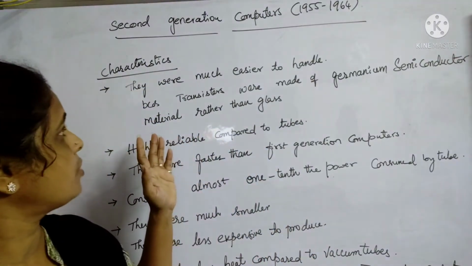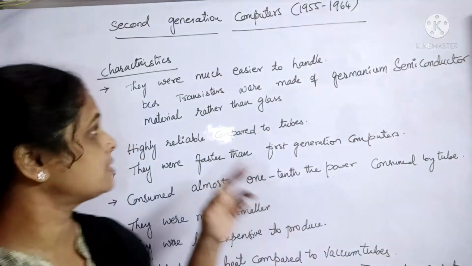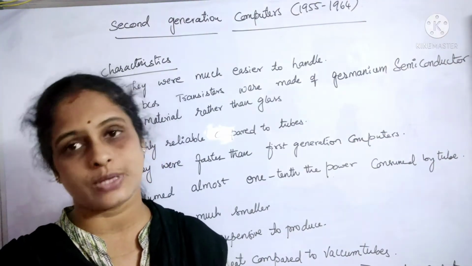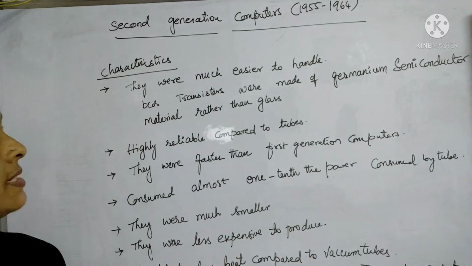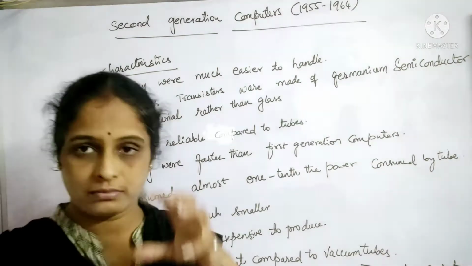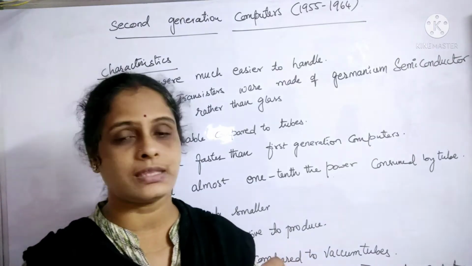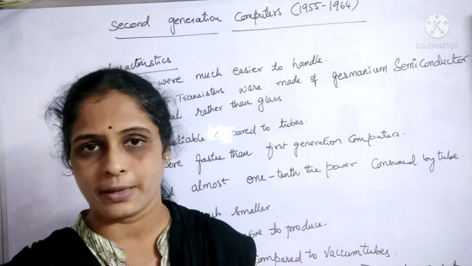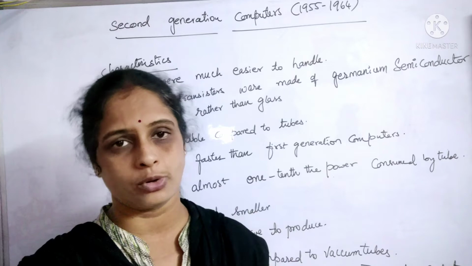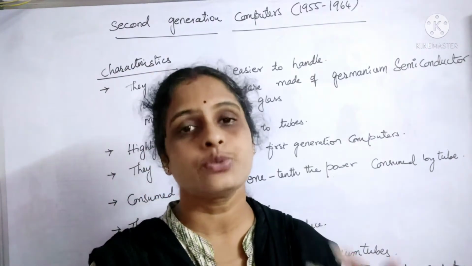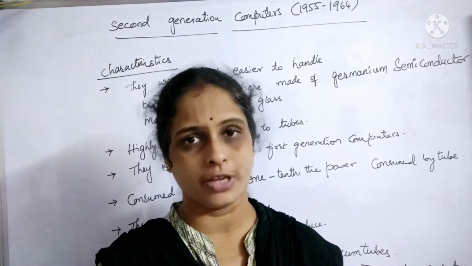Coming to the characteristics of these second generation computers, compared to the first generation computers, they were much easier to handle. Why? Because in first generation computers, vacuum tubes were used, and a vacuum tube had a filament. This filament used to consume more electricity. As a result, it used to heat up and burn, and frequent hardware failures were there.